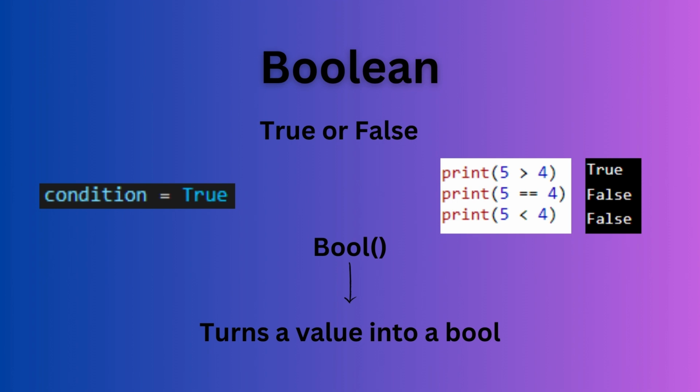That is what a while loop is actually based on. I made a whole video about it, so make sure to check that one too, because it's a really good video about while loops. To turn a value into a bool, you can use the bool function to see if it's true or false.